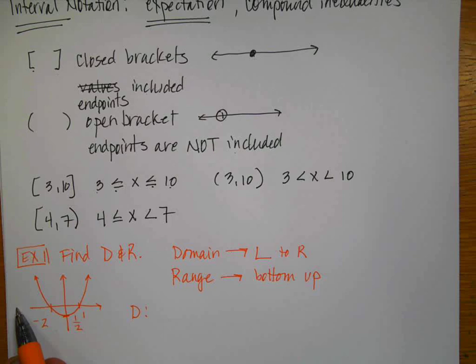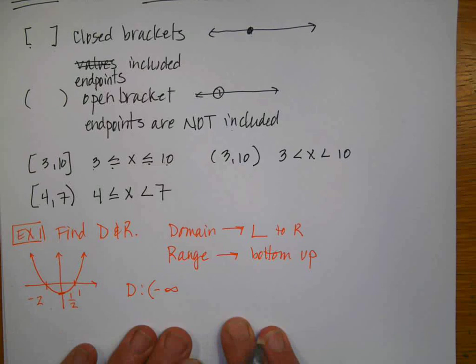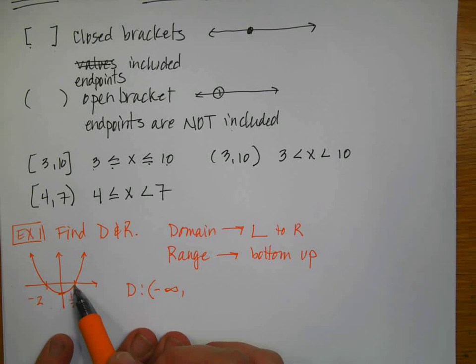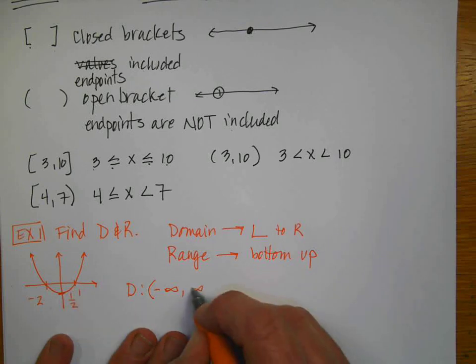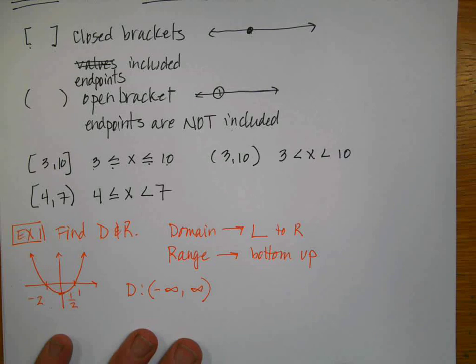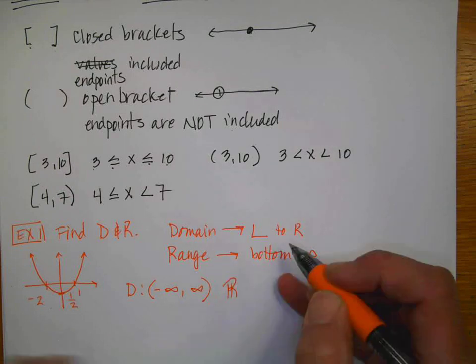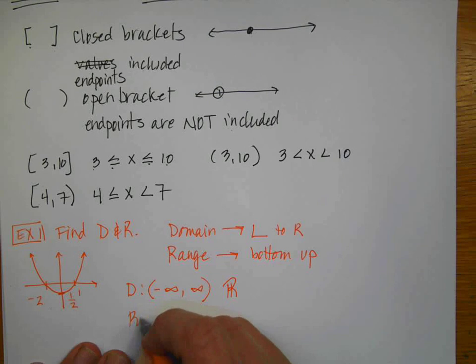And if I start on the left is over here, way over there. It's a -infinity. Not my job to put a boundary on infinity. And then when it gets to the -2, it's included. When I get to the 1, the 1's included. There's nothing that's undefined, so the domain is -infinity to +infinity, or all real numbers.